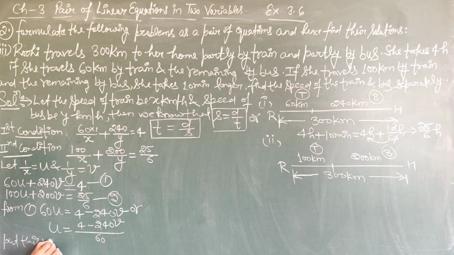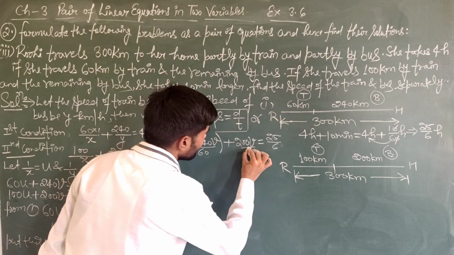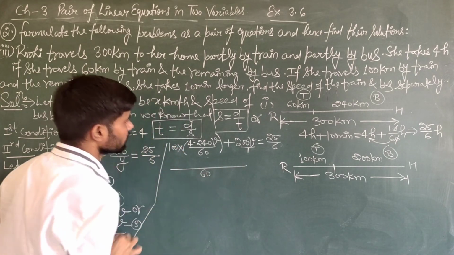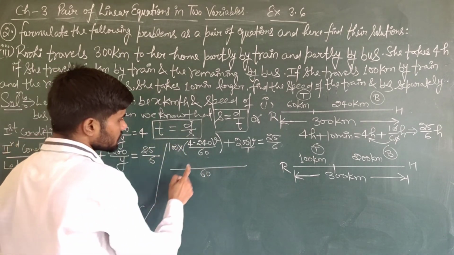Put this value in equation 2. Here we can take 1 as the denominator, and now we can take LCM. LCM will be 60, and 60 1s are 60.